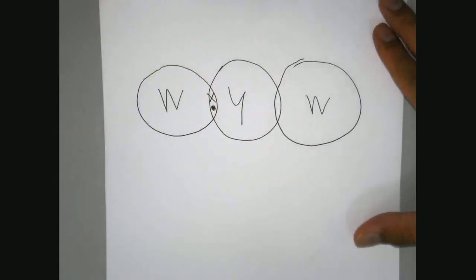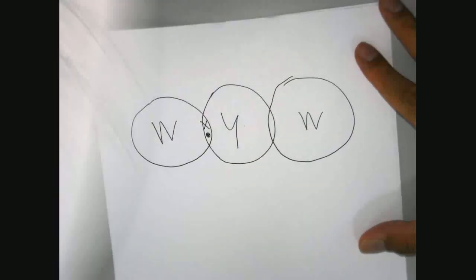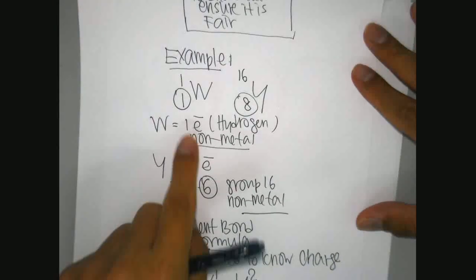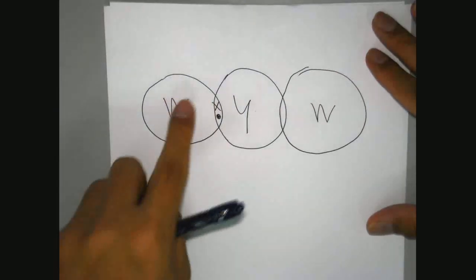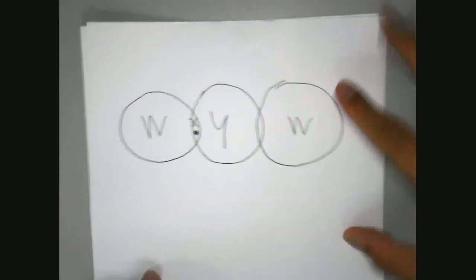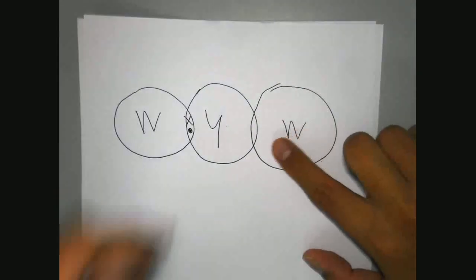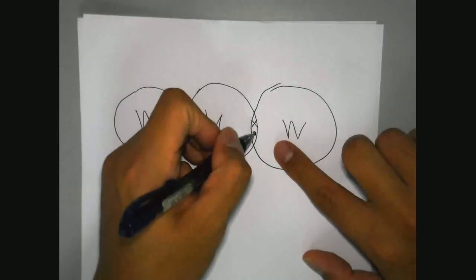Because remember, when we share the electron, it must be fair and square. So you share how many, I will share how many. So look at the W. For W, we only have 1 electron. So when you put in 1 electron for sharing, outside here, nothing left. Do the same thing for this W. W will put 1 electron for sharing. Y also puts 1 electron for sharing.